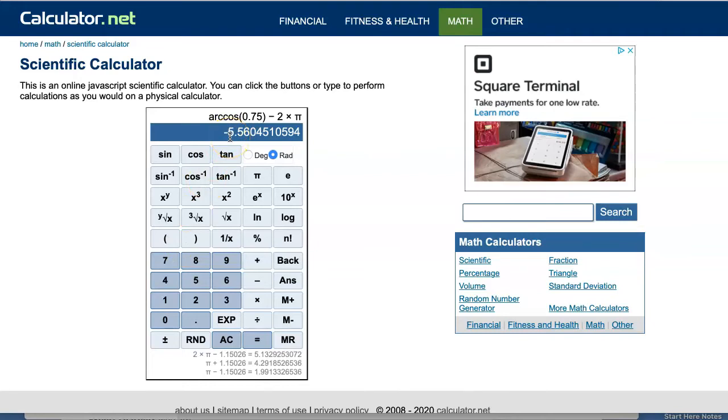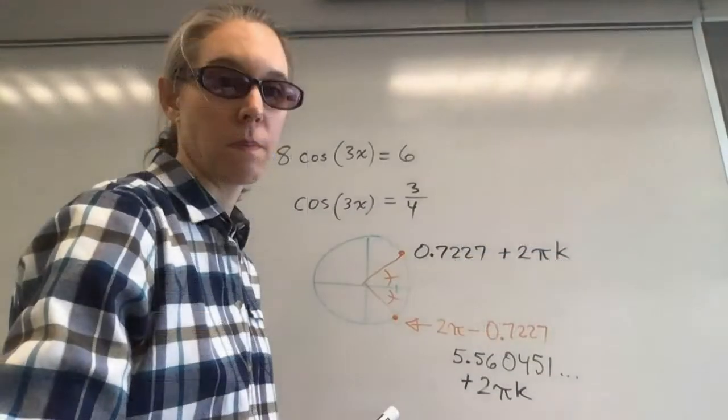I needed a positive value, which is 5.56. This is more accurate than me using a rounded value, 0.451... plus 2 pi k. All right, back to the board.